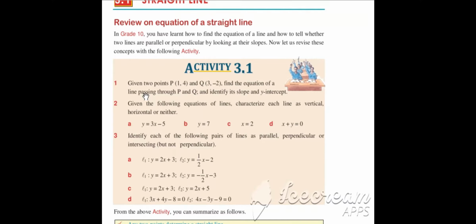Okay, let us see question number 2. Given the following equations of lines, characterize each line as vertical, horizontal, or neither.